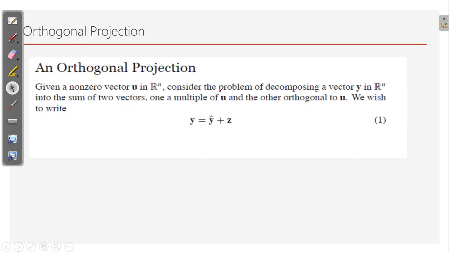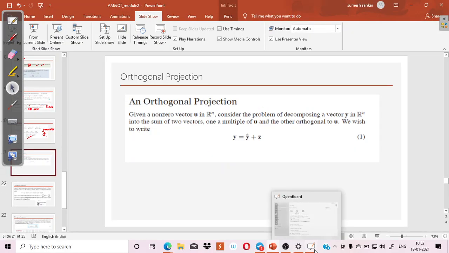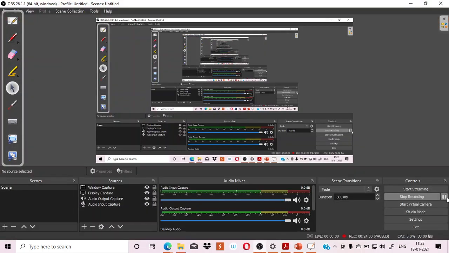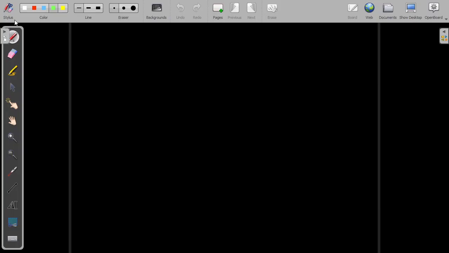Now moving on to the next topic, a very important topic, orthogonal projection. Let us consider a position vector in 2D space.